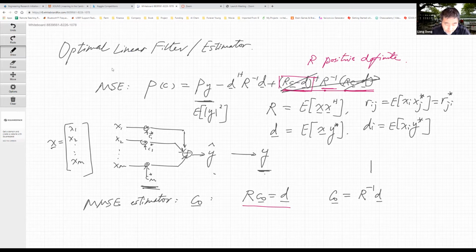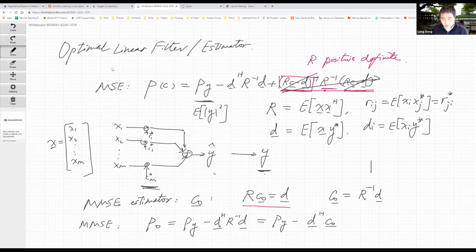We know at the minimum mean square error, P0, that's my mean square error at the best point, that's my minimum mean square error, which is equal to Py, that is the expectation of y absolute value squared, which has nothing to do with c, subtract D Hermitian R negative 1 D, which is also Py subtract D Hermitian c0. This part is what we defined as our c0.